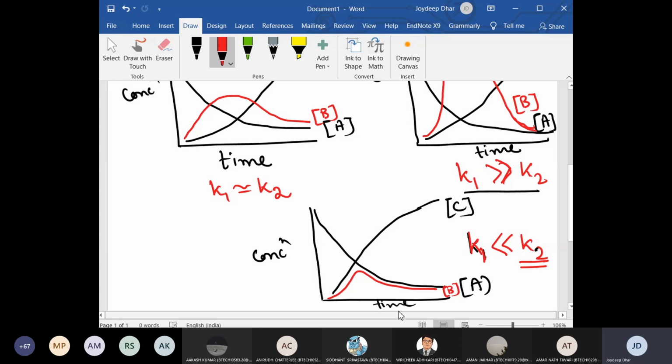And this curve should always follow the relation C naught equals C1 plus C2 plus C3.